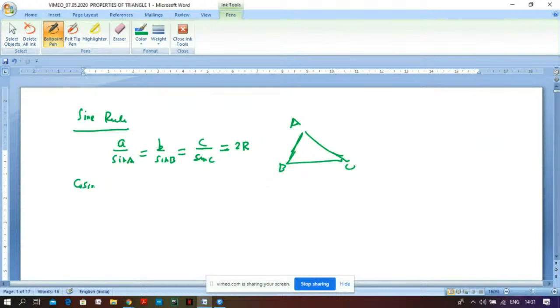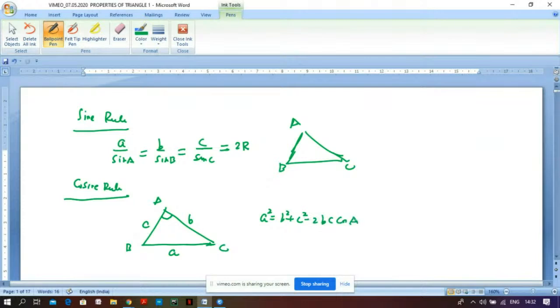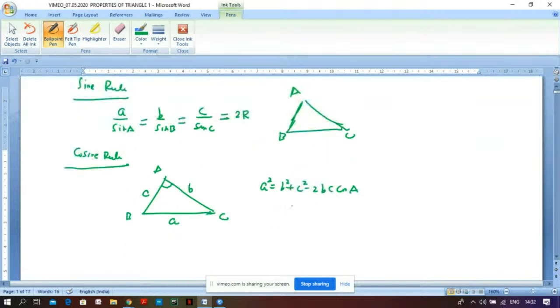Then you have got something called the cosine rule. It relates the sides of a triangle with one angle. Suppose BC is a, AB is c, and AC is b, and this angle is of course A. Then given b, c and the angle between them, A, I can write a square as b square plus c square minus 2bc cos A. I can write three more relations, so I'll just write one and skip the other.